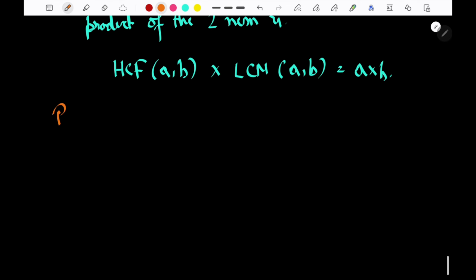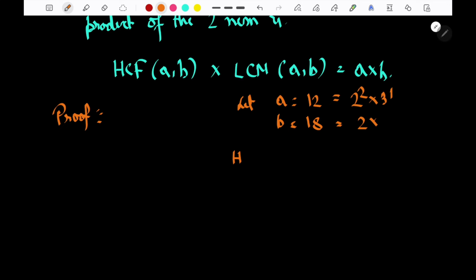Now, why? I think you have already studied this property. I can give an example. For example, there are two numbers: let a is equal to 12, b is equal to 18. Let's prove this. 12 is 2 square into 3 to the power 1, and 18 is 2 into 3 square. So HCF of 12, 18 will be what?